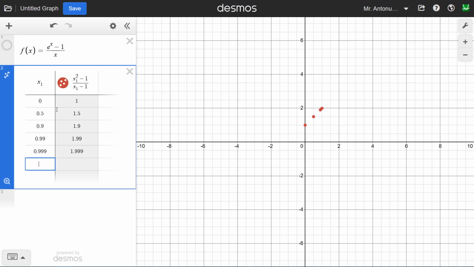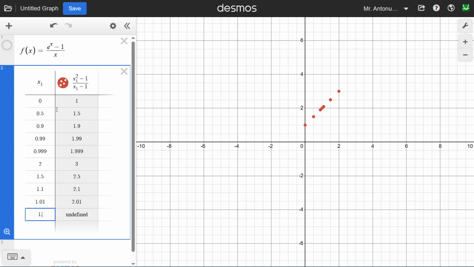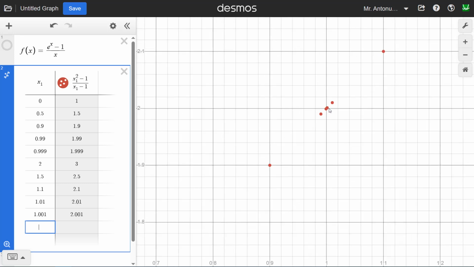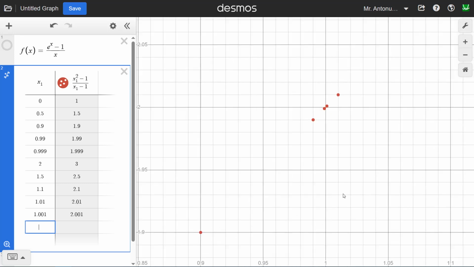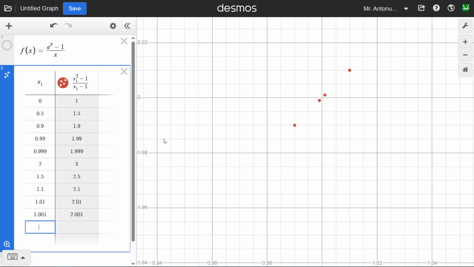But we also have to anticipate or see what's going to happen from the right hand side of 1. So we'll start at 2, get a little closer, 1.5, 1.1, 1.01, 1.001. And you could see that these points almost look like they're going to make a line, but if you zoom in, you'll see that as the x value gets closer to 1 from both sides, the y values are getting closer to 2.